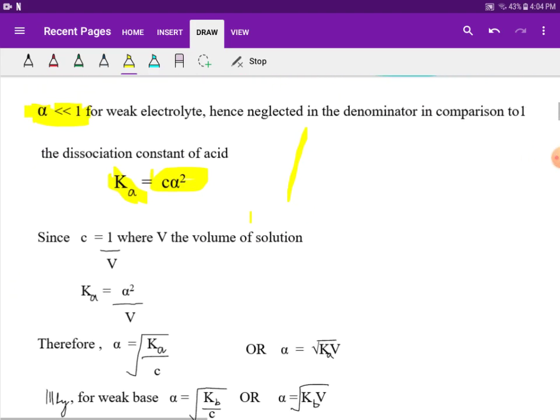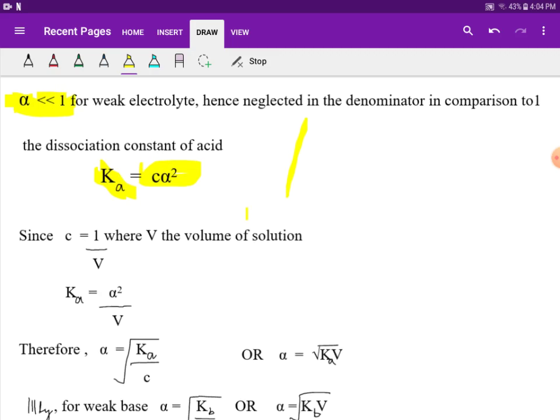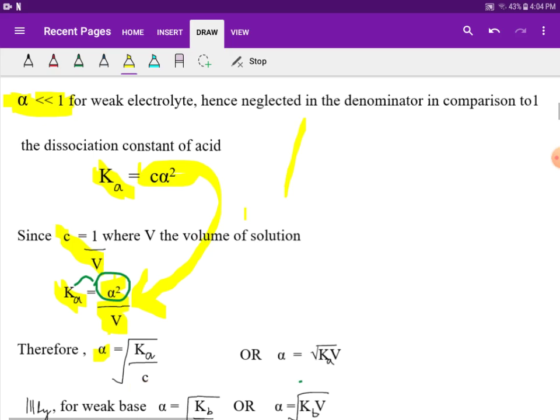Since the concentration C is inversely proportional to volume, or C is equal to 1 by V, we have Ka is equal to alpha square by V. Therefore, alpha, the degree of dissociation, is equal to square root of Ka by C, or alpha is equal to square root of Ka into V.